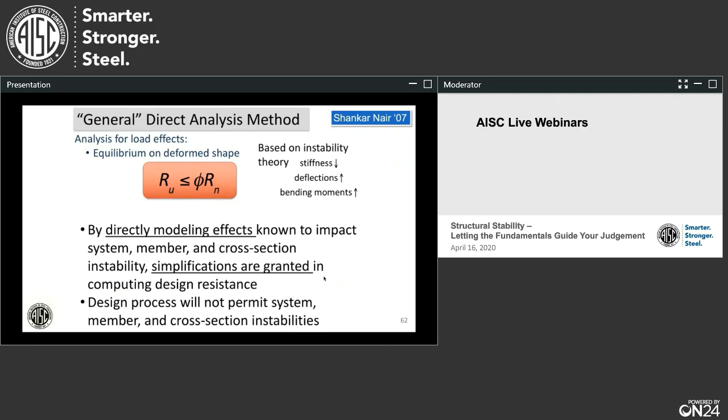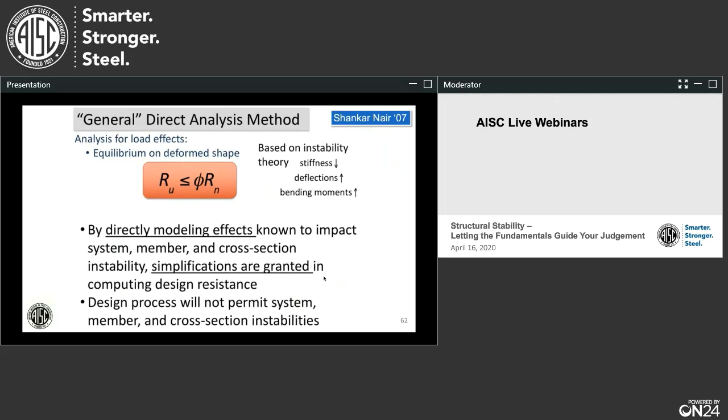But the key with the direct analysis method is the concept that the more things you're willing to directly model in the analysis, the more simplifications you're going to be granted when it comes to computing the design resistance. So the more effort you put in on the modeling side, the more simplifications you'll get on the design side of the design resistance terms. And I think that's really a key component.